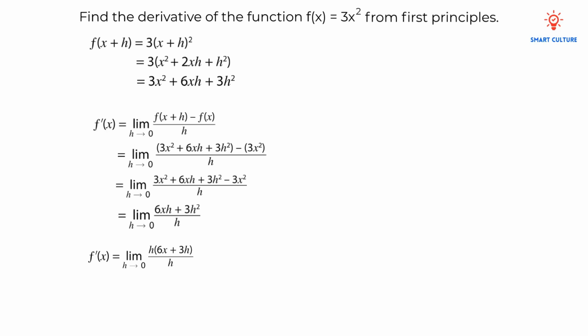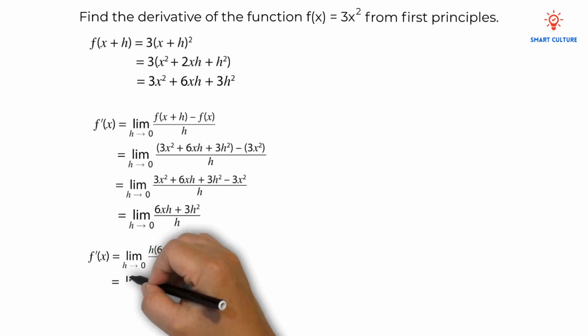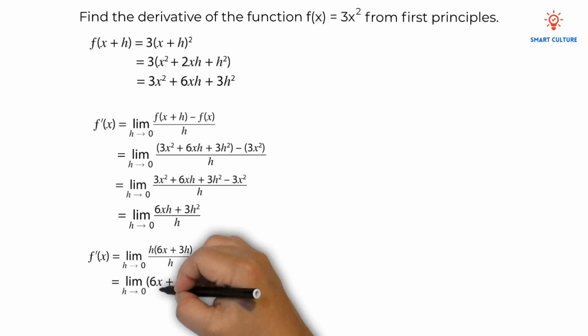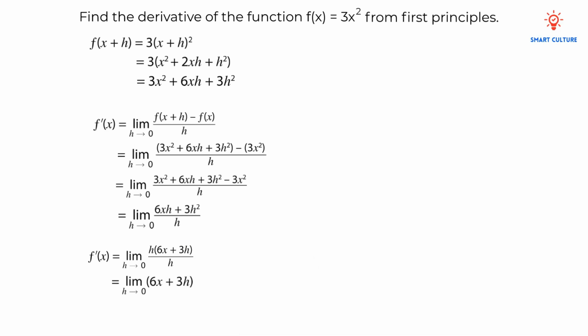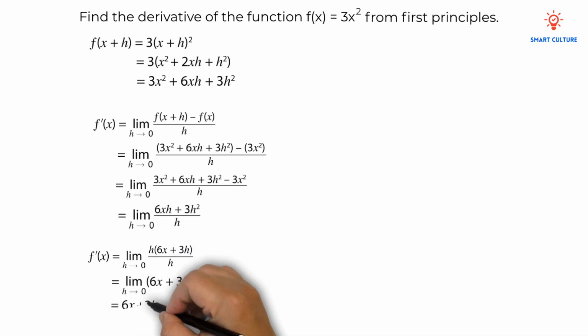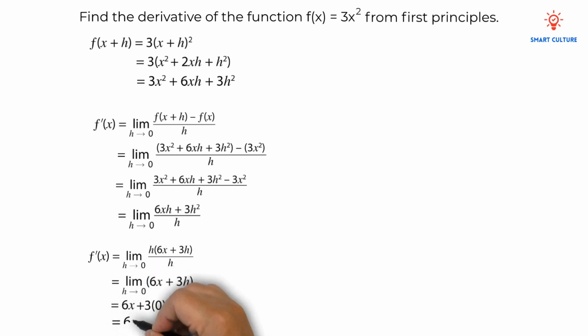Now the h above the line and below the line can cancel out. The next thing we have to do is substitute in h is equal to 0, and then remove the limit. 6x plus 3 times 0 is equal to 6x. So this is then the derivative of f of x is equal to 3x squared.